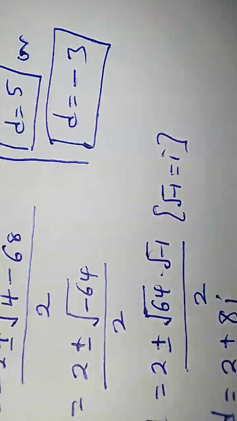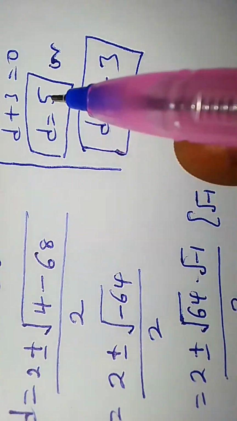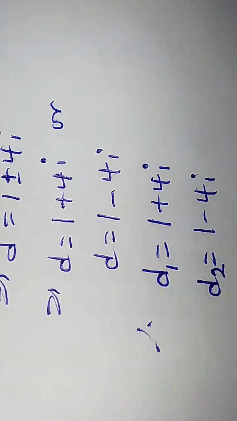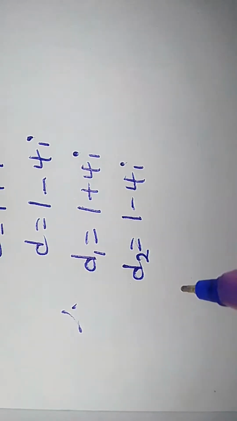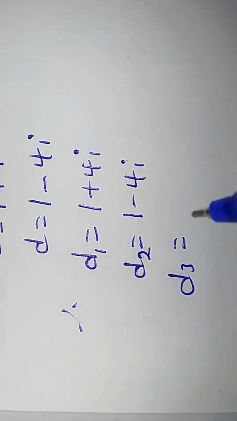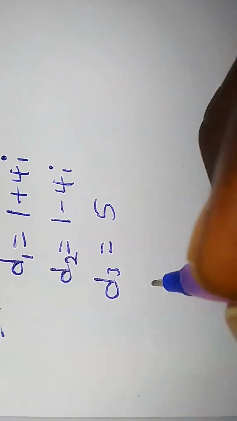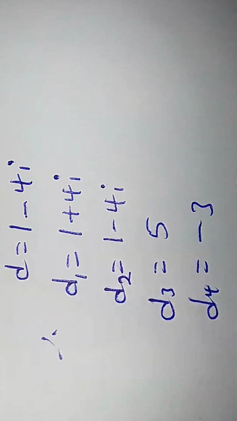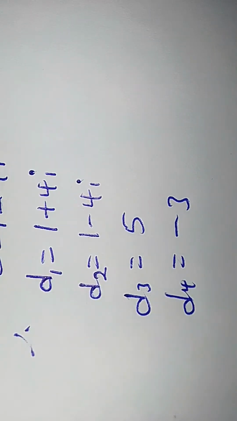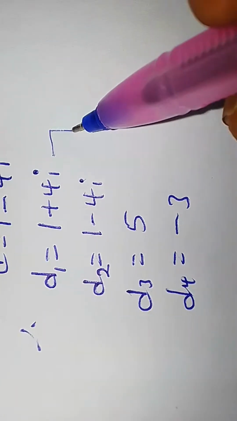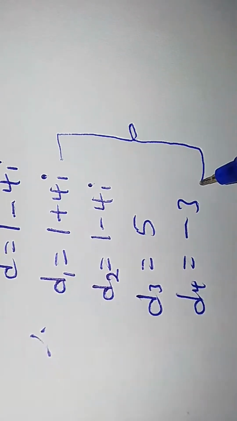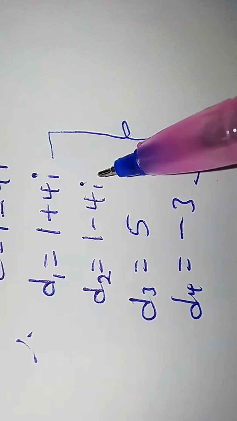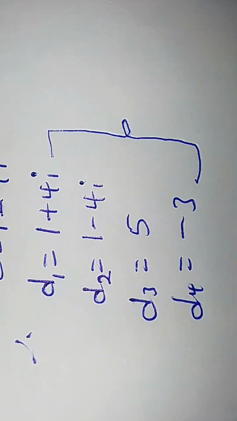And the last solutions that we obtained, d equals 5 and d equals negative 3. So respectively, we have d3 equals 5 and d4 equals negative 3. You will see that we have four distinct solutions for this equation, two complex solutions and two real solutions.